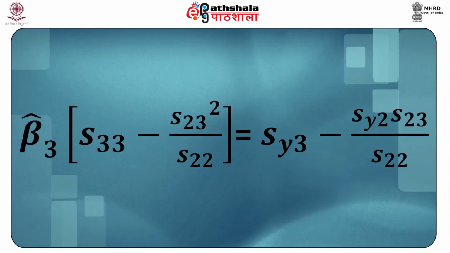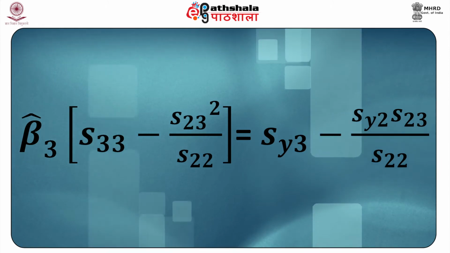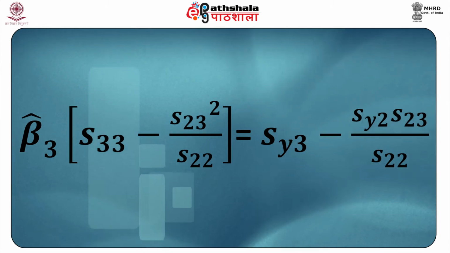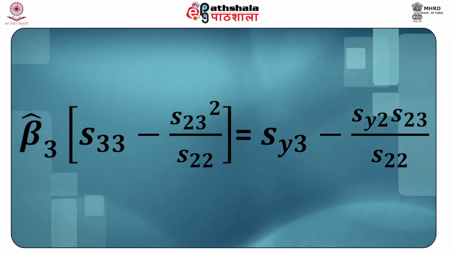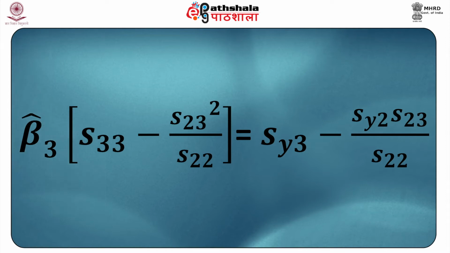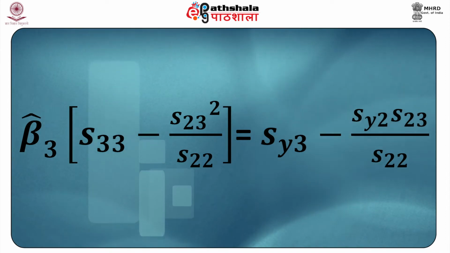And if you simplify this, we obtain beta 3 hat into s33 minus s23 square upon s22 is equal to sy3 minus sy2 into s23 upon s22.